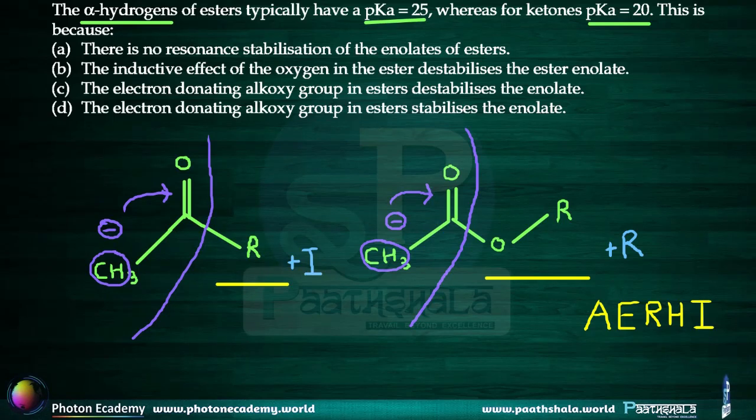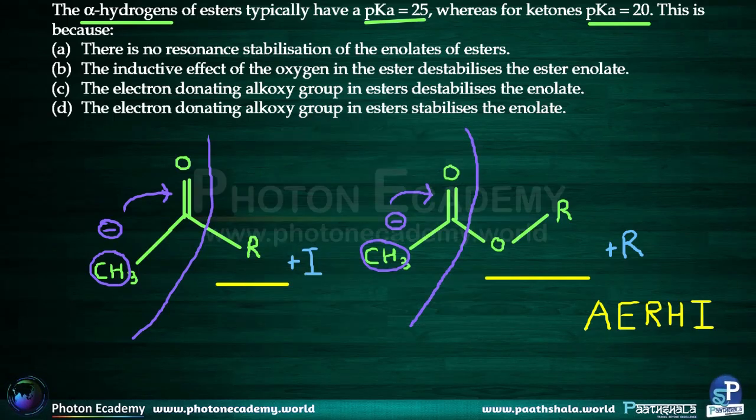Both +I and +R are electron donating effects, and we know this very well that higher the stability of the conjugate base, higher is the acidity, lower is the pKa. Now I already have a negative charge on a carbanion, and when I have an electron donating effect, the stability of the carbanion is going to decrease.